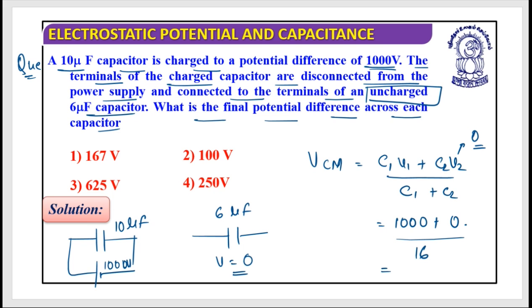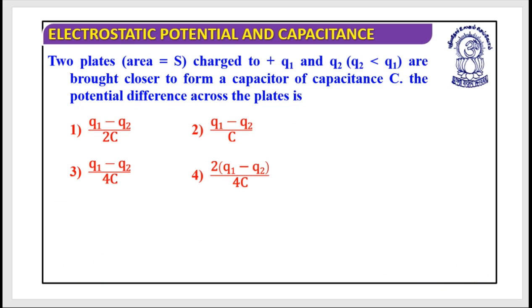So this is 10,000 by 16, that is 1000 by 1.6, which is 625 volt, and this would be the answer. I hope this is clear. Yes. So let's move to the next question. Look at this.